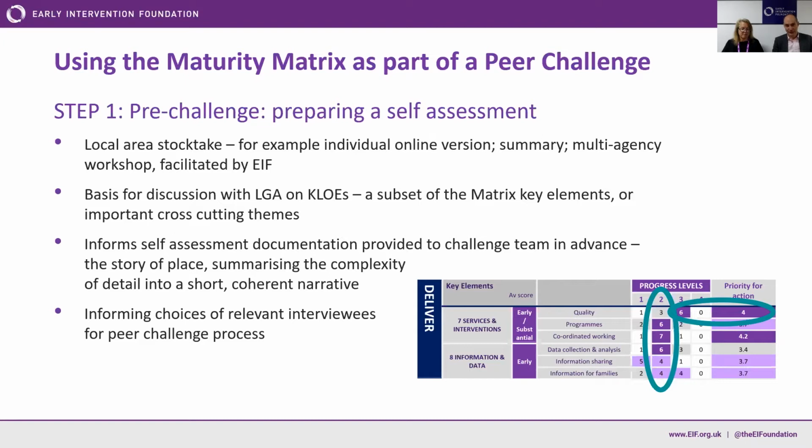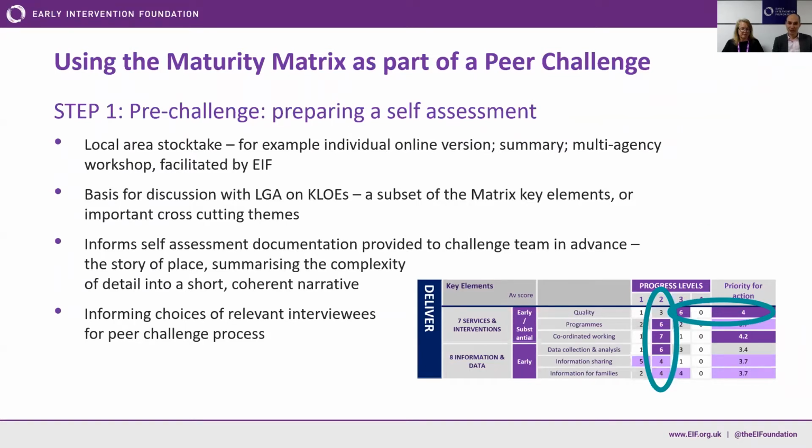And the point of that document is that it's a story of place. It's a brief and concise way of getting the challenge team up to date with what's going on in the local place and pointing the challenge team towards other documents which give more detail. But it's intended to be pithy and concise, telling the story of place.